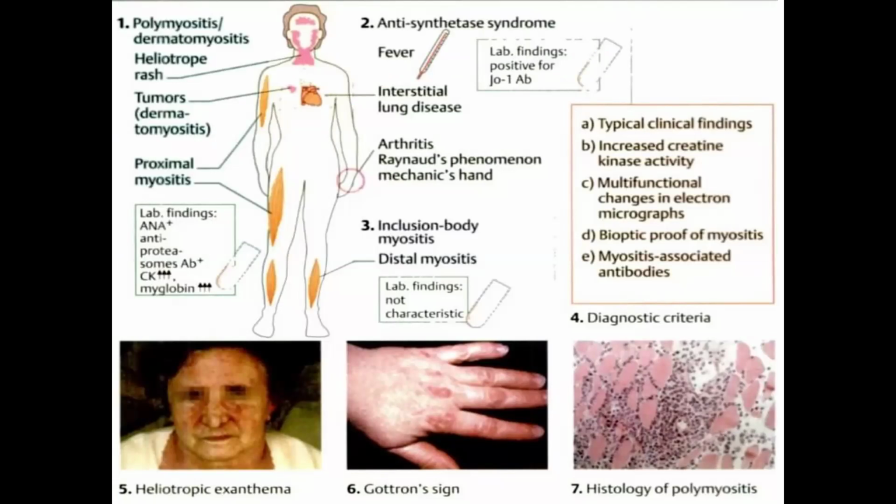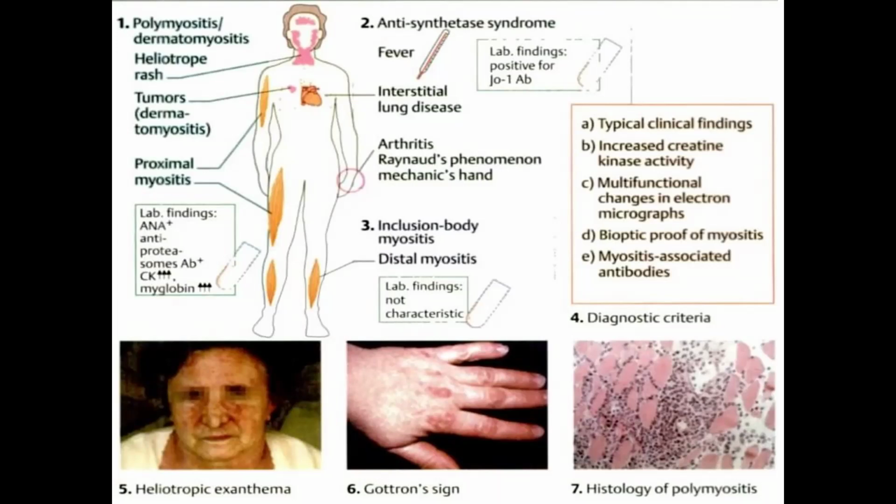And this is characterized by the heliotrope rash, also the Gottron's papules, and proximal myositis. Also, lab-wise, positive ANA and positive CK and other muscle enzymes.